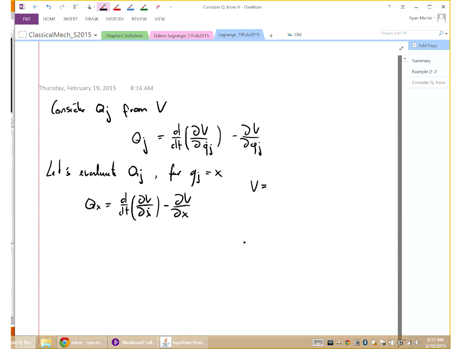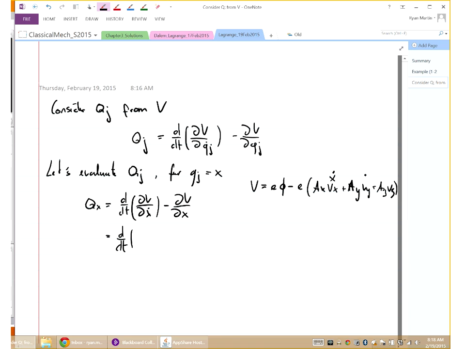Let me rewrite V here just so we don't have to keep flipping back and forth. V was equal to e phi minus e times Ax vx plus Ay vy plus Az vz. So Qx is going to be d by dt of ∂V by ∂x dot.